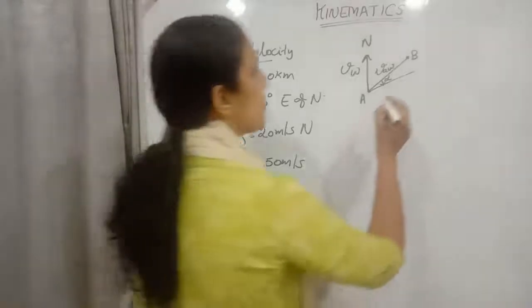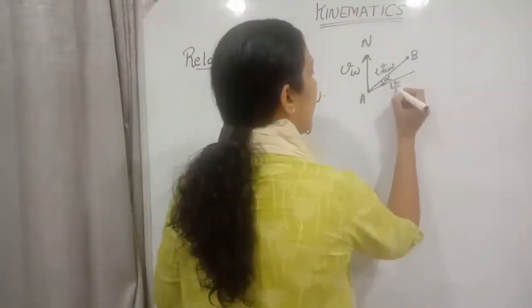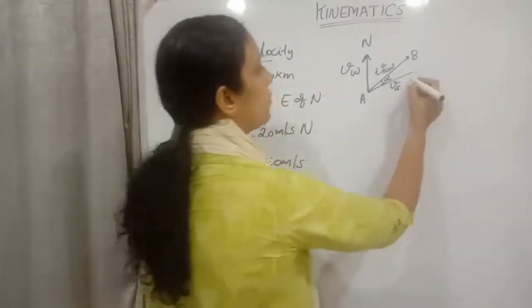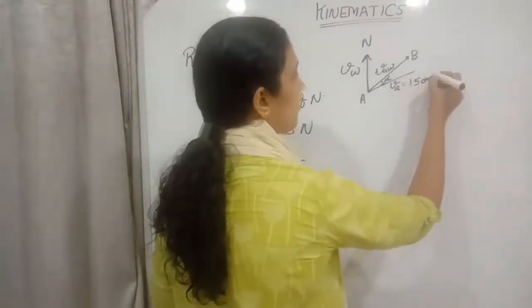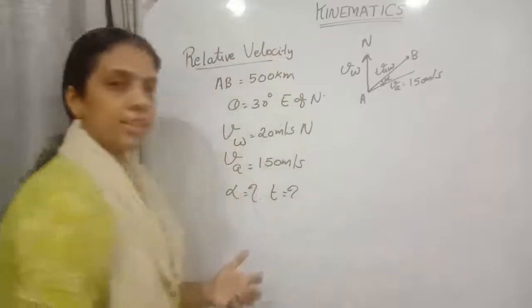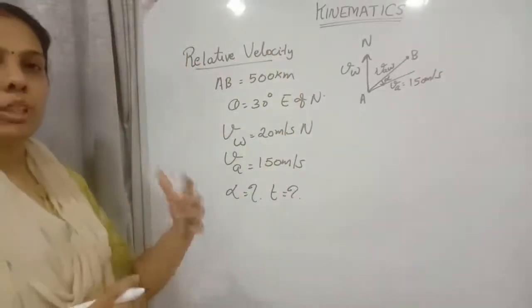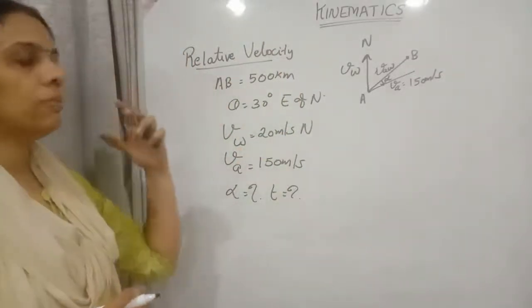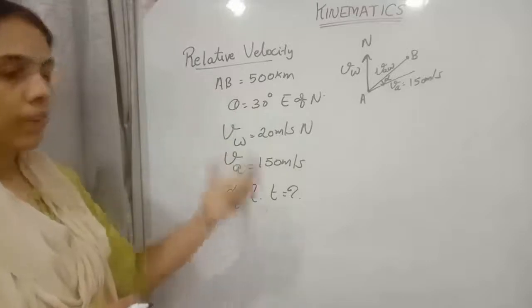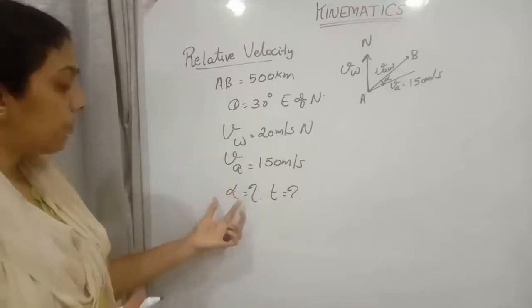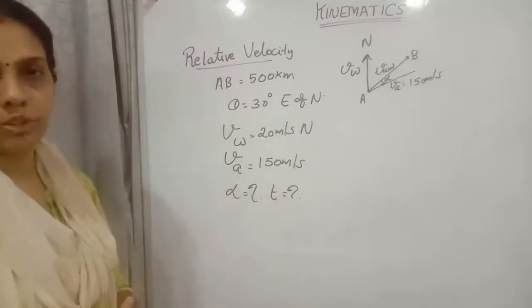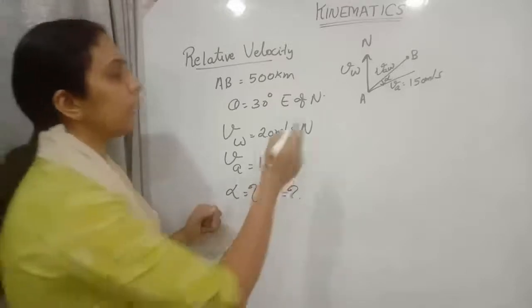So this is the aircraft velocity, which is 150 meter per second. Last class I told you what we should do: we should find out the velocity of wind, alpha and time.